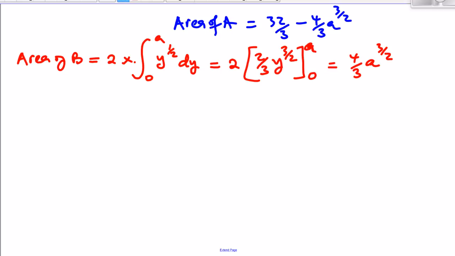But we know, we are told in the question, the area of A is equal to the area of B. So what we are going to do is to equate these areas, to find the value of a.